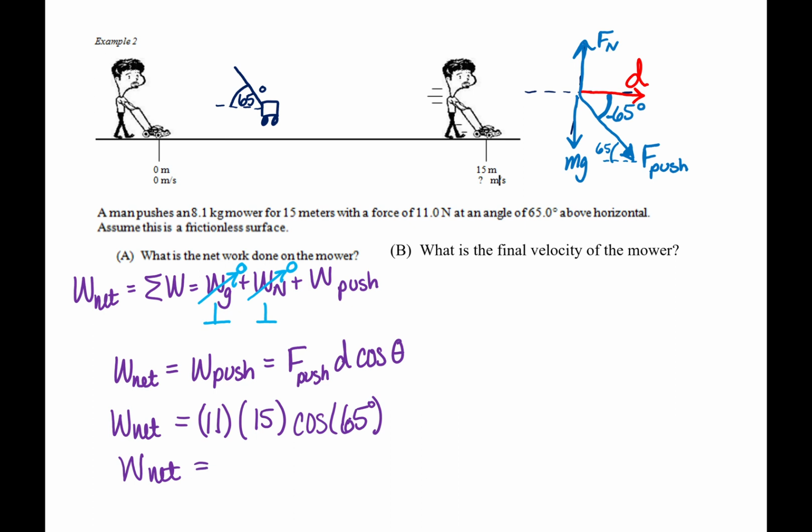So, would everybody do a quick punch in their calculator for me? And what does that come out to be? It goes on and on and on. So the net work would be 69.7 joules.